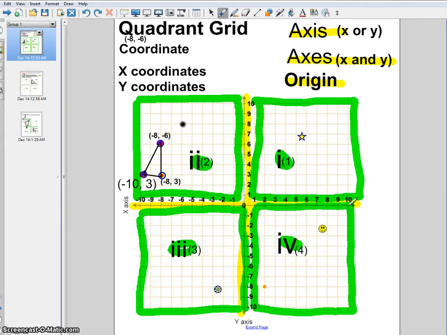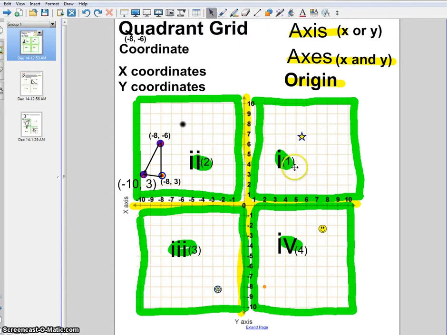I want you to try to realize something here. Let's go to quadrant 1. Do you realize that only positive numbers can be graphed in quadrant 1? Don't believe me? Let's try this. Let's look for an x-coordinate on the x-axis that's in quadrant 1. 5.